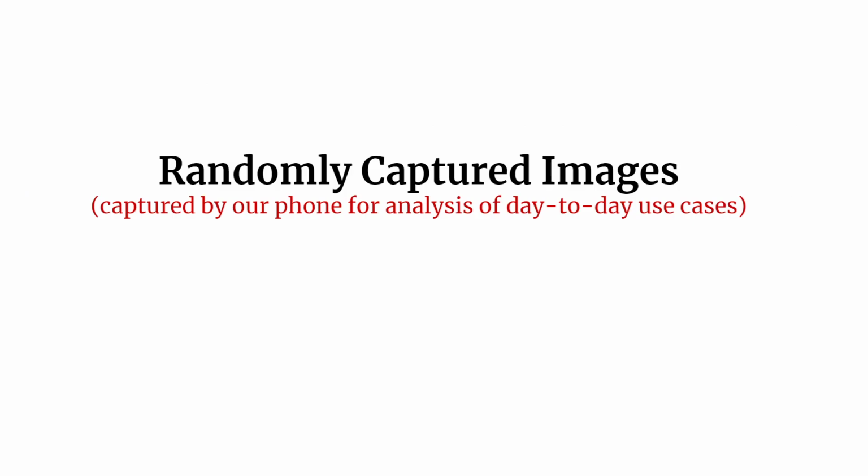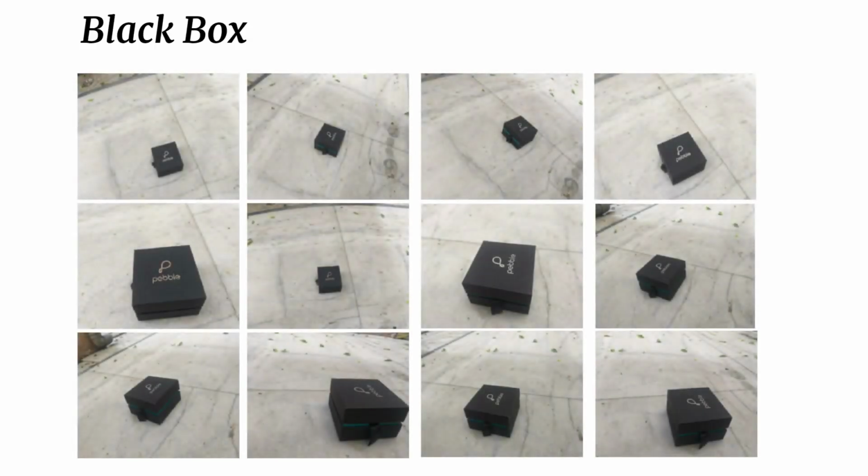Finally, to simulate a realistic case, we use our smartphone and move around the scene and capture the scene at different points sampled randomly. So we move around a black box and capture it from various viewpoints in a random fashion, and this is a subset of images for that black box. This is the approximate camera trajectory for this scene, and we see that it is highly jittery, and a dense correspondence would not be available in this case.